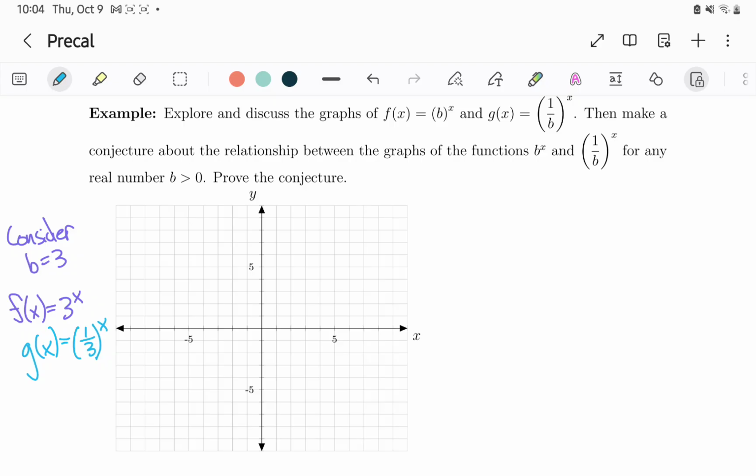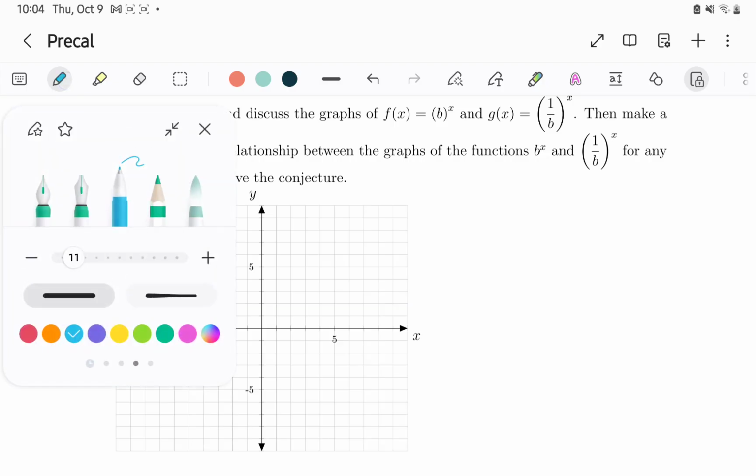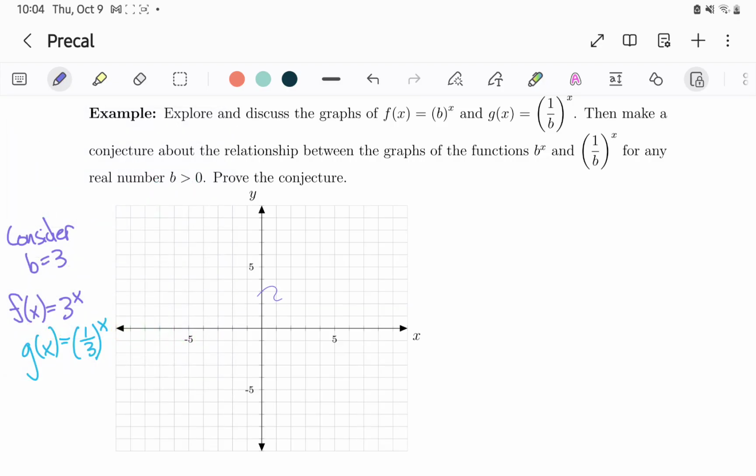Okay, and now let's go ahead and graph these guys so we can compare. Both of these have a y-intercept at 0, 1. So 3 to the 0 is going to be 1, which equals 1/3 to the 0. So they're both going to pass through the point 0, 1.